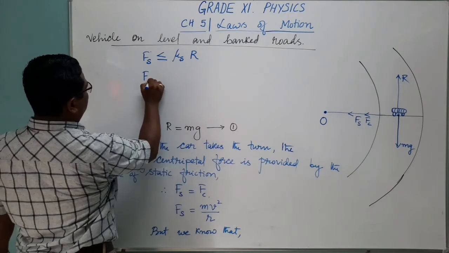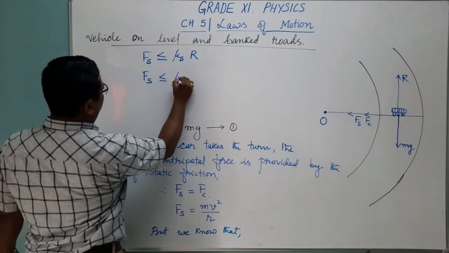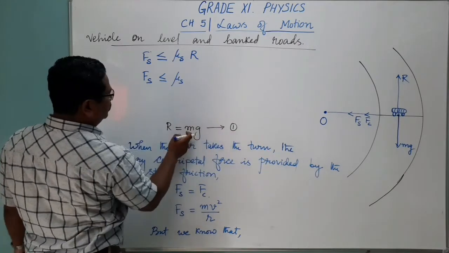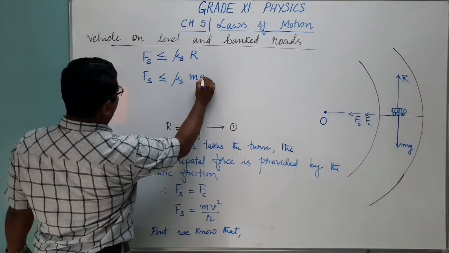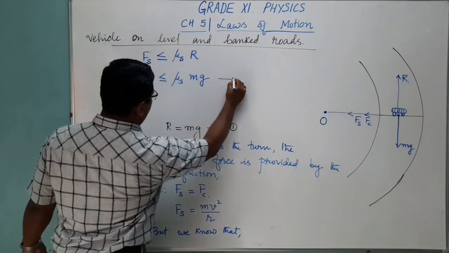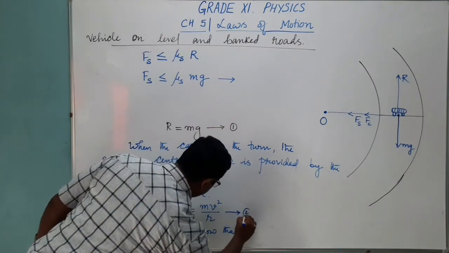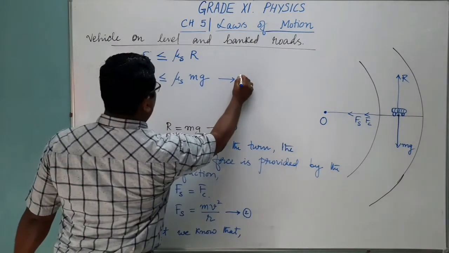So Fs is less than or equal to μs into R. R, in the diagram, from equation 1, is mg. So we can make this equation number 2, and this one equation number 3.